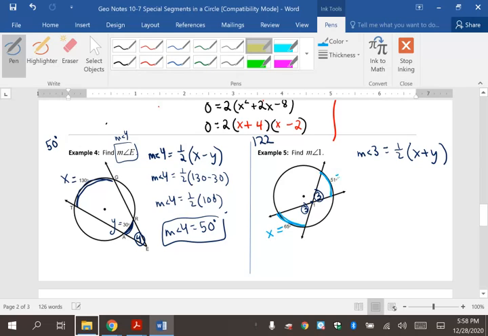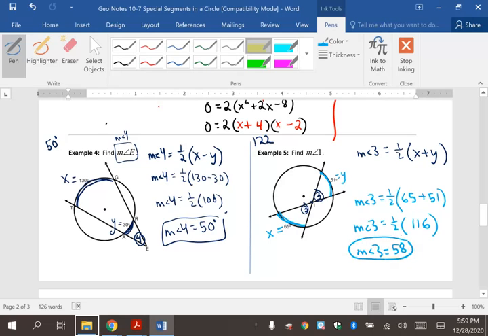Y is the smaller arc. Really doesn't matter in this case though. So we have measure of angle 3 equals 1/2 times the quantity 65 plus 51. So measure of angle 3 equals 1/2 of 116. So half of 116 is 58.